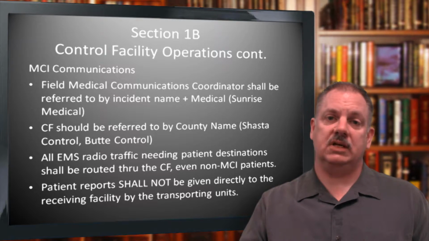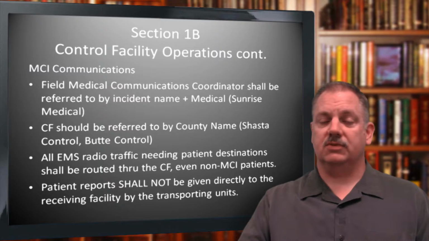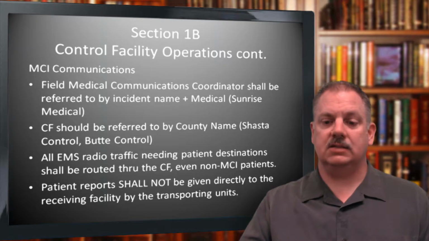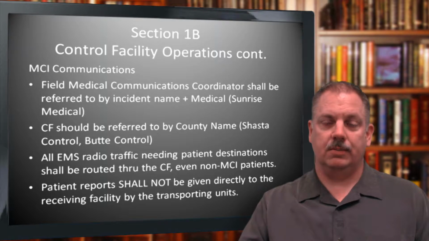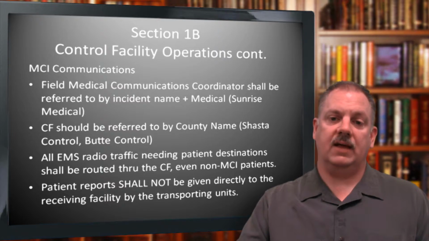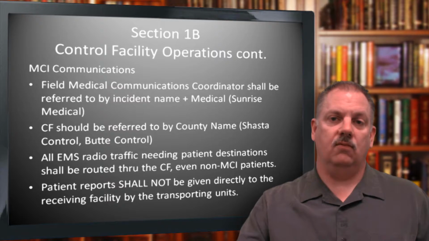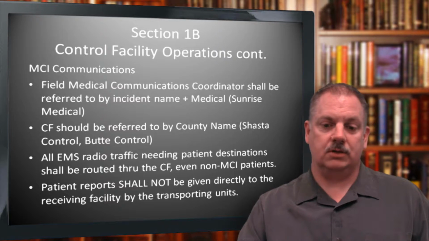If the control facility doesn't know that, and the receiving facility has reported that they can handle an immediate 2 delayed, they may be adversely impacted by that code. So it's important that the ground transport providers are notifying the control facility during the confirmed MCI of what they have and where they're requesting to transport to.